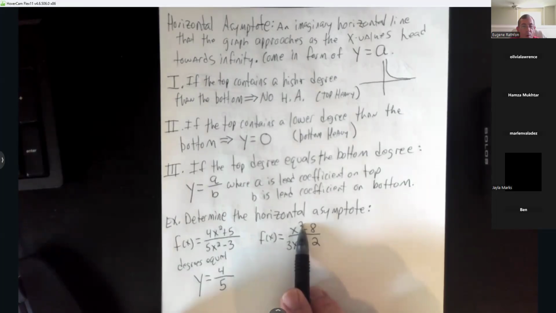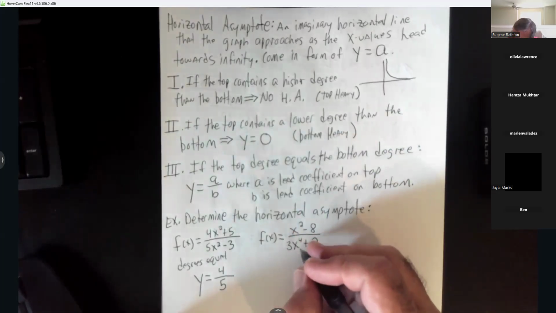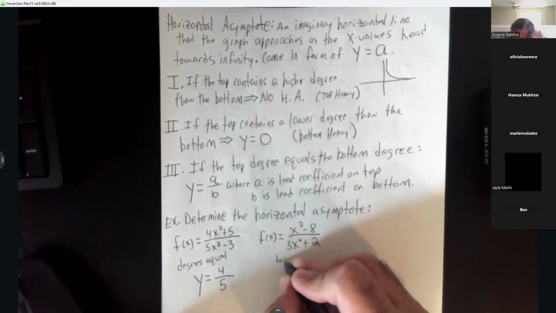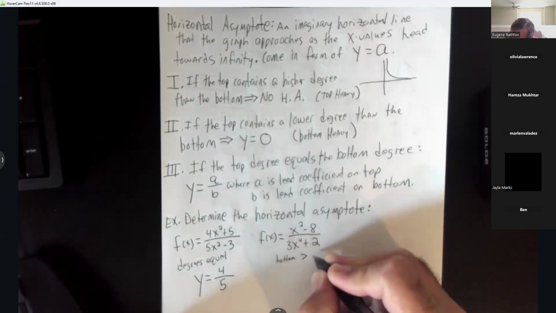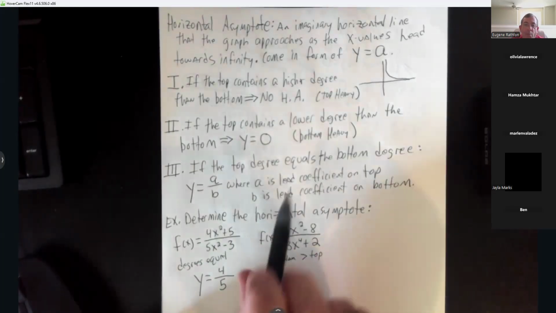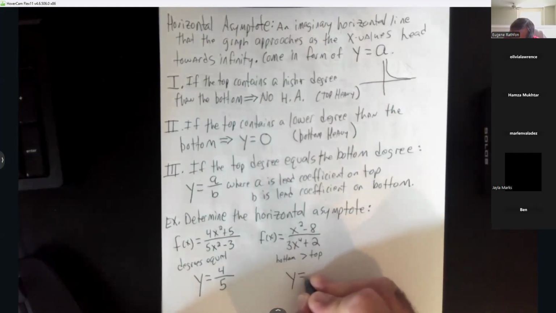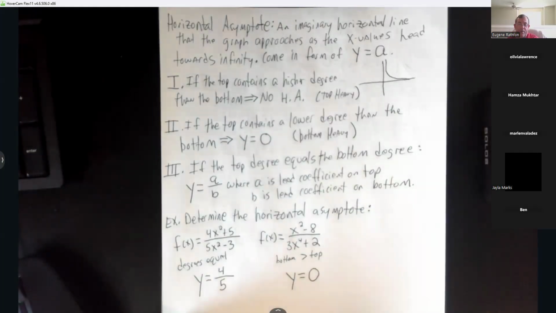I got an exponent 2 on top. Oh, y'all are rolling in now, so my internet must have been just a little slow. So this one was sort of bottom heavy, right? The bottom was greater than the top on that one. And y'all are perfect. We said when the bottom was greater than the top, it automatically equals y equals 0.